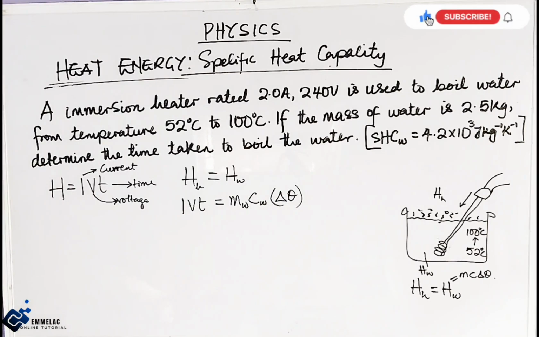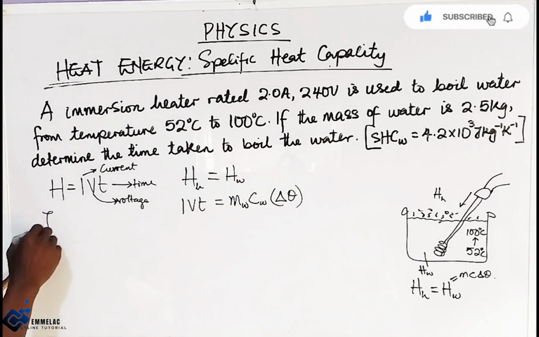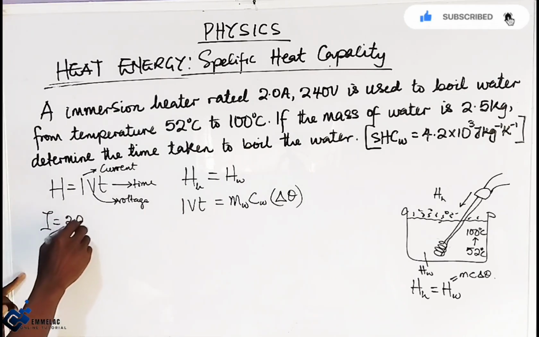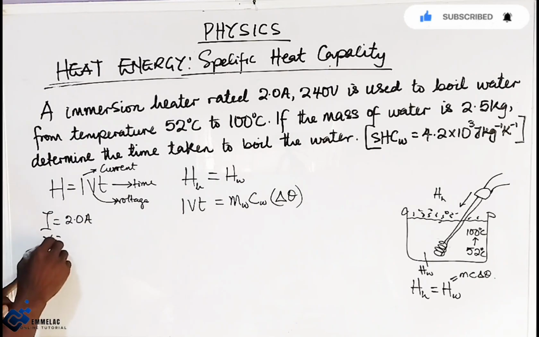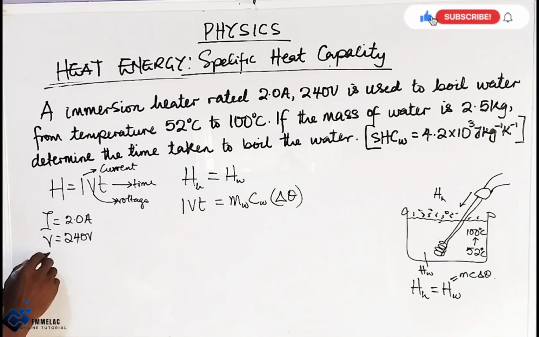Now we're given the current, so our current is 2.0 amperes. Our voltage is 240 volts. Then our time is what we are actually looking for.